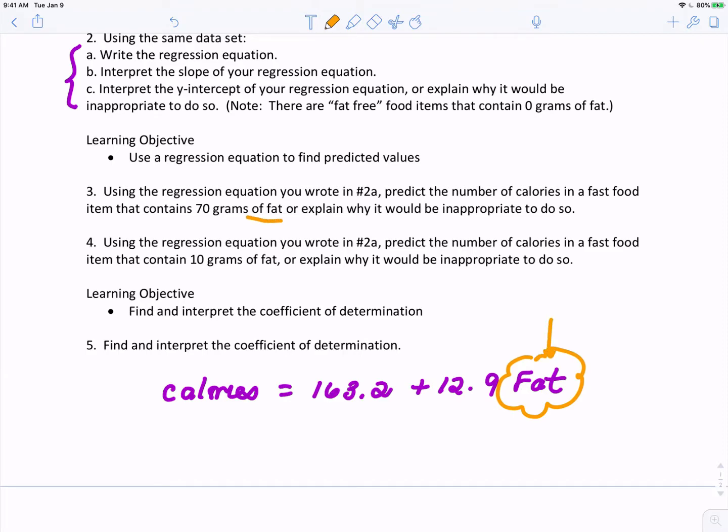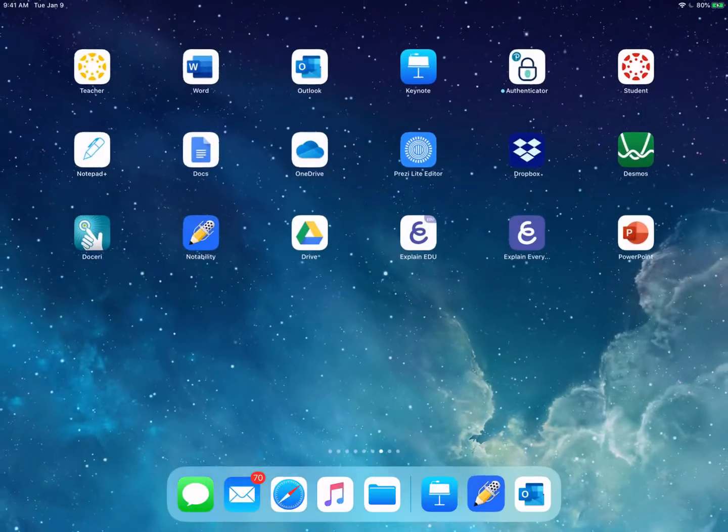In the first one, we're given 70 grams, and in the second one, we're given 10 grams, but we have to be careful. It asks us to do it if it was appropriate, but not to do it if it was inappropriate, and explain why. So let's take a look at what makes it inappropriate to use the regression equation and what makes it appropriate.